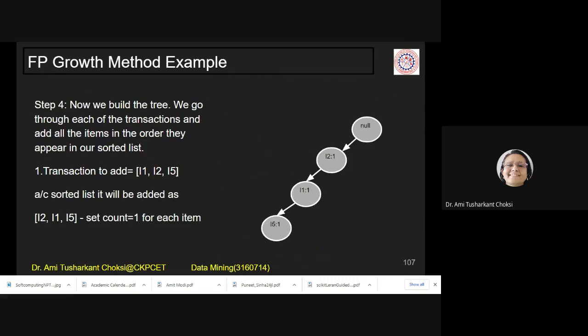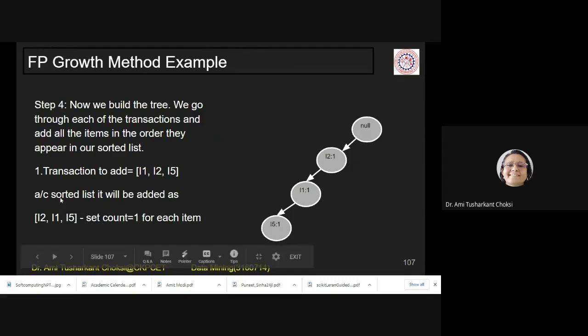For the transaction I1, I2, I5, should we traverse in that way? No, we do not have to. We have to consider according to the sorted list, and according to that, it is I2, I1, I5.